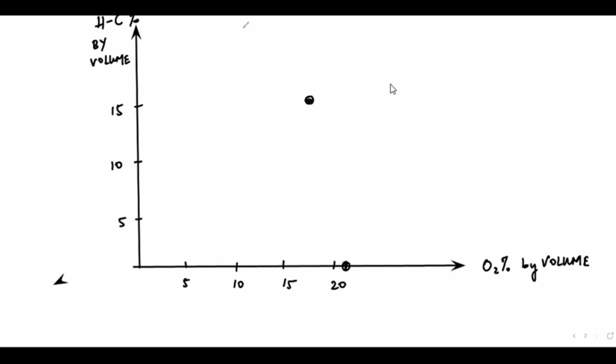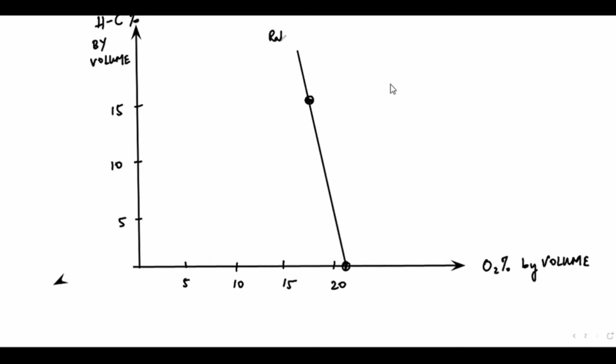So it will be somewhere around here. Now this is where I'm going to draw the first line, that is this one here. This line represents the ratio of hydrocarbon to oxygen.